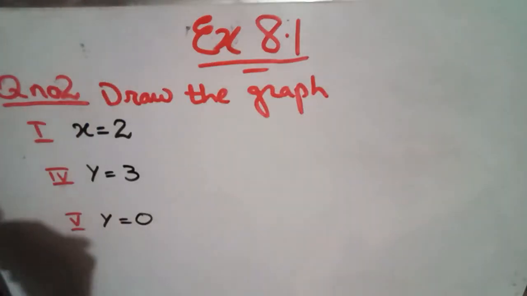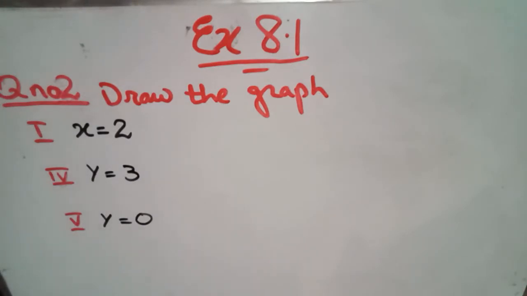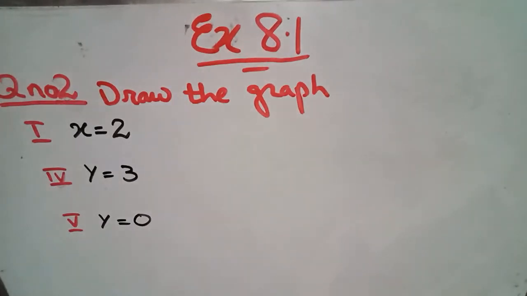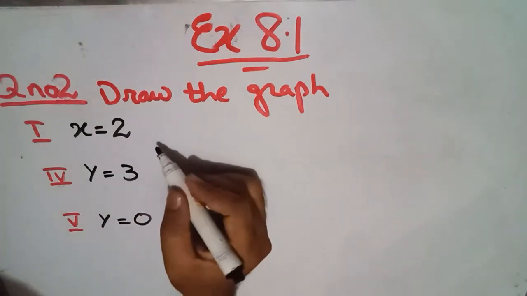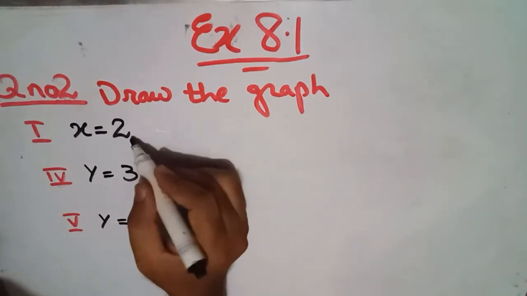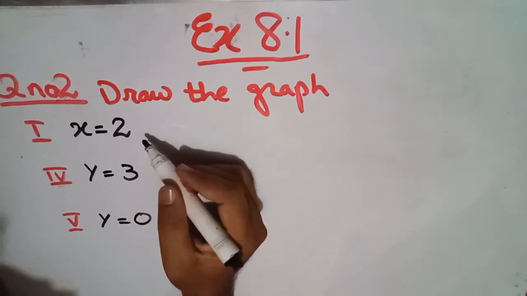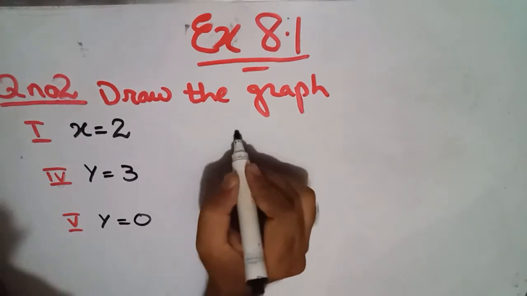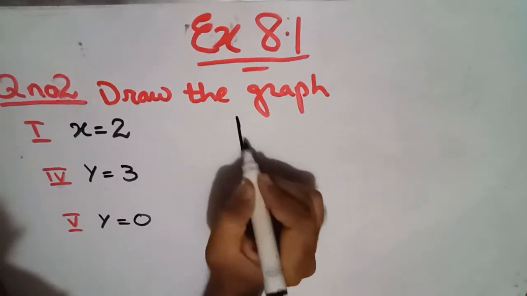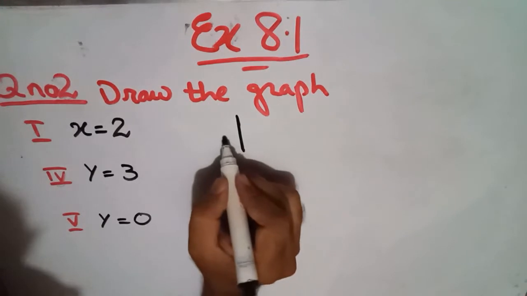Okay, now we will solve question number 2. I have some parts of question number 2, first, fourth and fifth part, so it will be easier for you to understand that how will you represent it on the graph. First of all, I will represent x is equal to 2 on the graph, which means only the value of x is given. The value of y will be considered here 0. So you will represent it like I'm drawing a graph here.